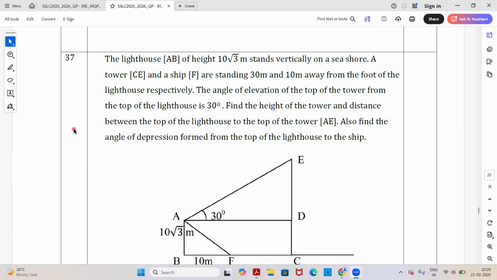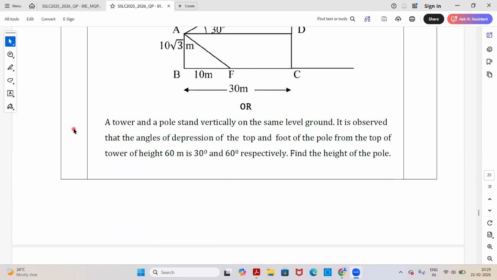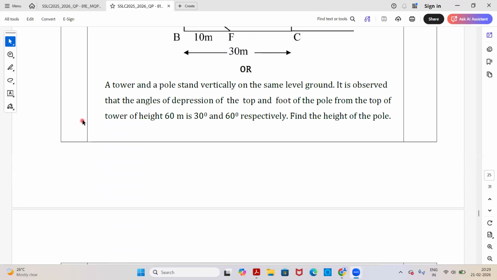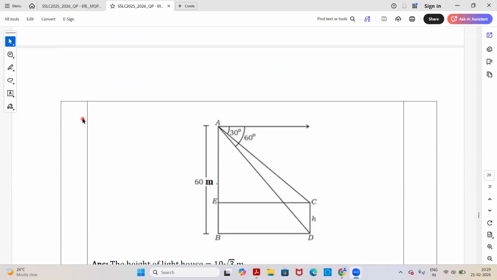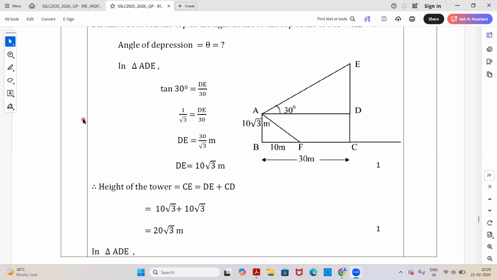37th question. You have option in it and you have a second question given over here. So now answer for both of the questions.